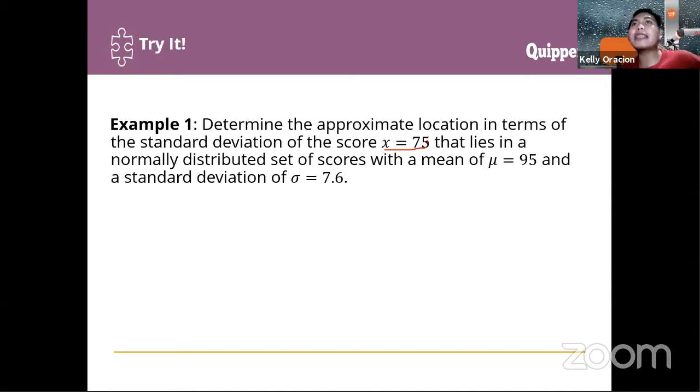Okay? So kindly listen, kindly write the... Okay, can you write the given?